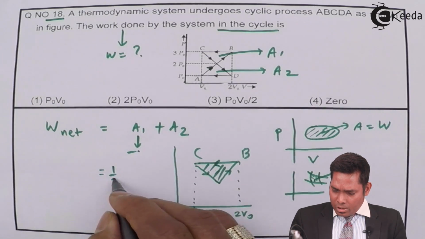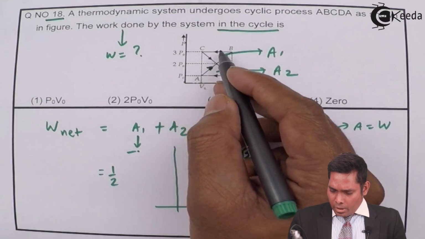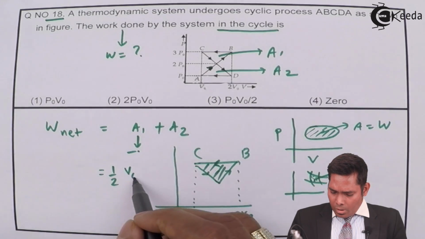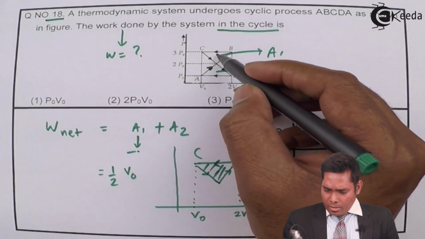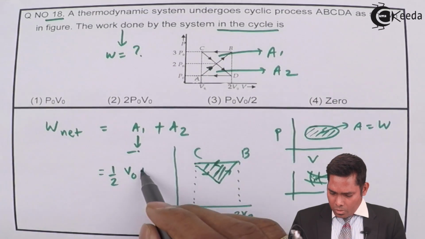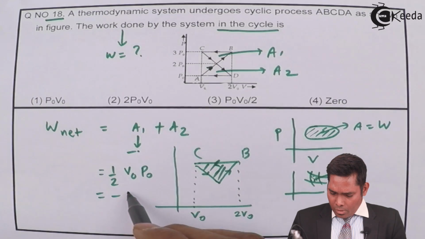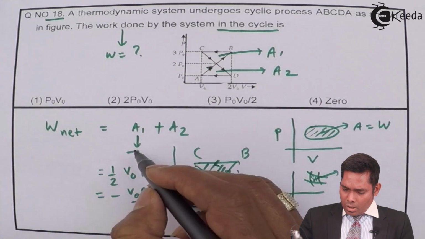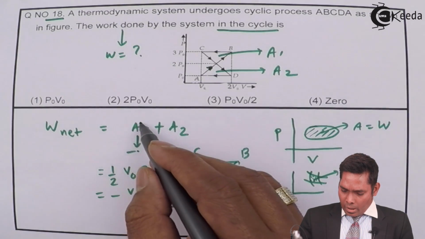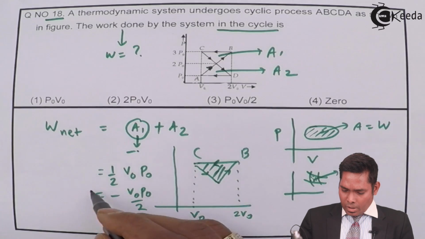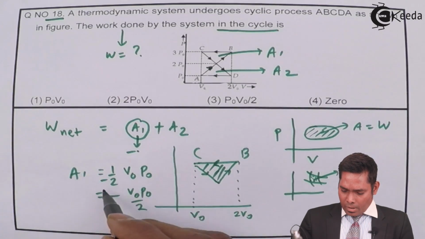Half of the base is V naught, and the height is P naught. So this is negative half P naught V naught. This is the area for A1, the negative area.